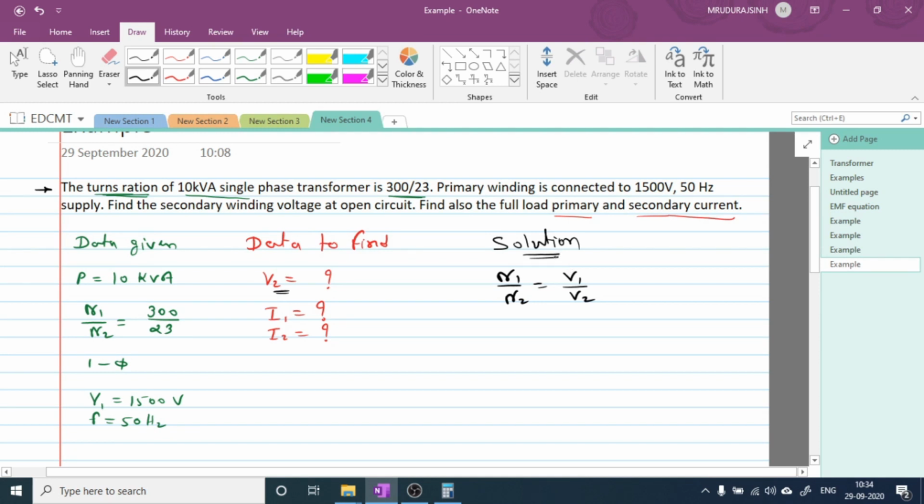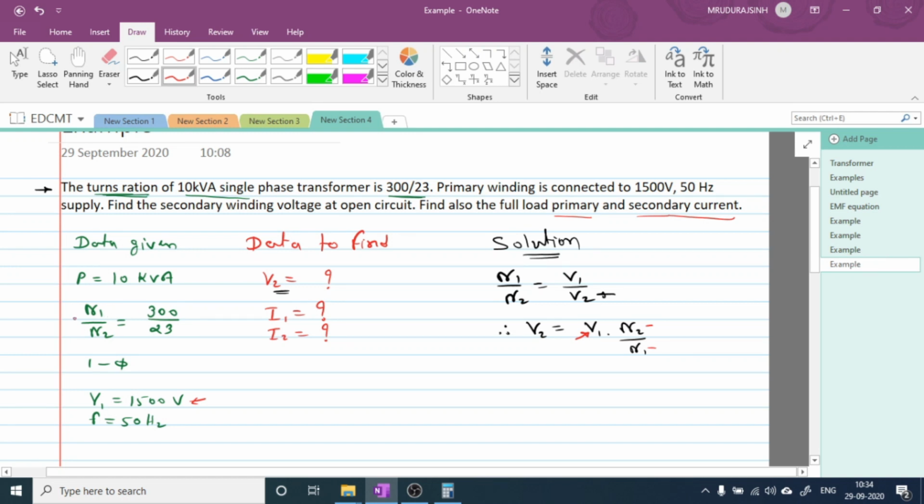So if from this equation we will rearrange this equation to find V2, then V2 is equal to V1 into N2 by N1. Now let's just verify that do we have the value of V1? Yes, we have value of V1, N2 and N1.